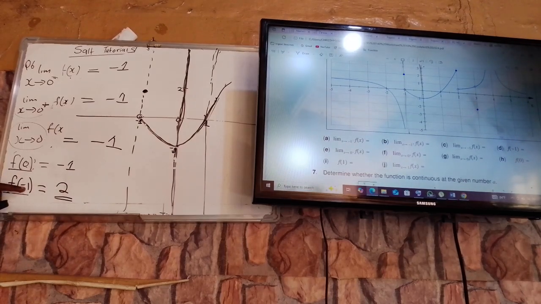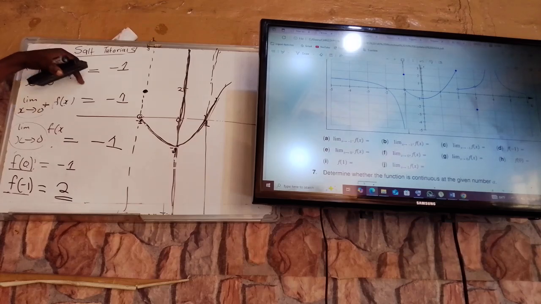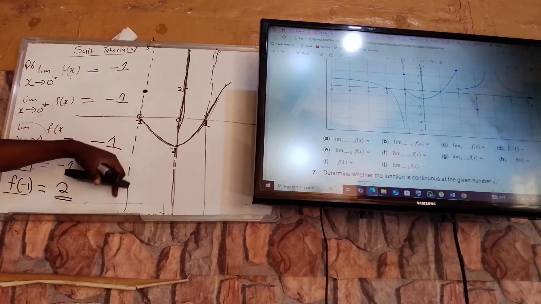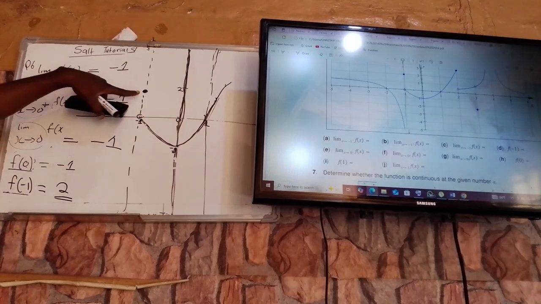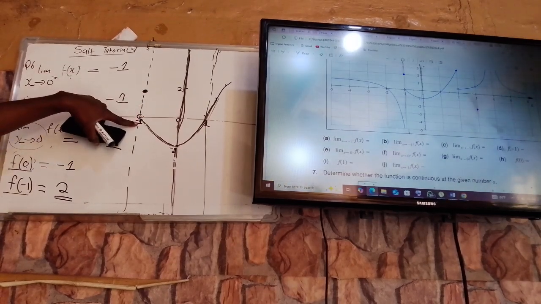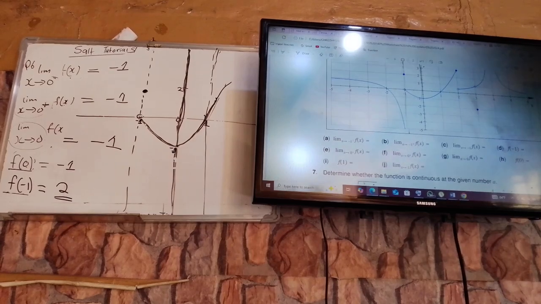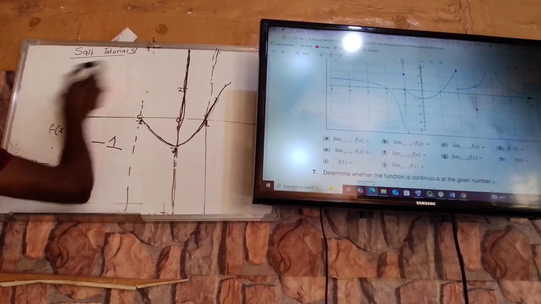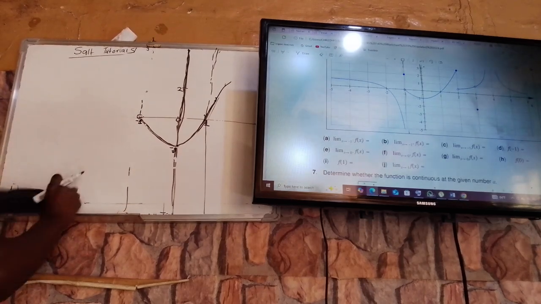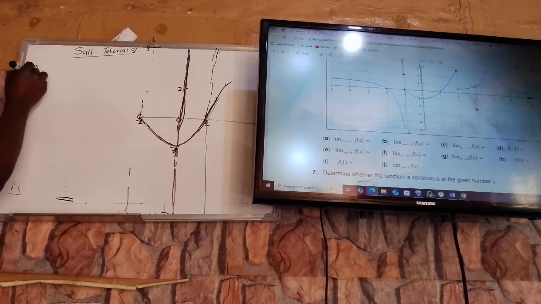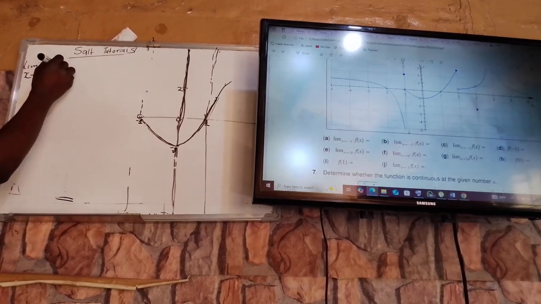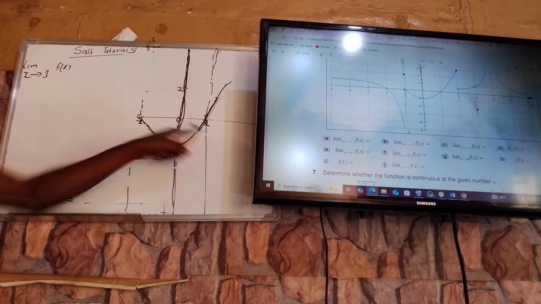But the limit as x approaches -1, we had the one which was coming from the left direction, and we had the one which was coming from the right direction. By the evaluation, it is that particular dot here, which is defined when x equals -1. And lastly, but not the least, when we have the limit as x approaches 1 of f of x, 1 is this particular point.